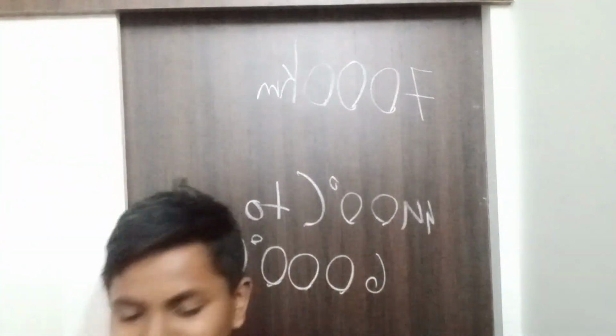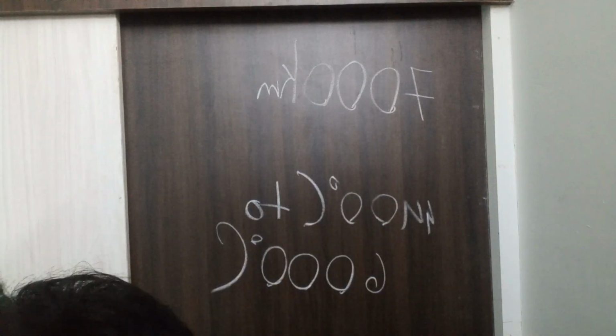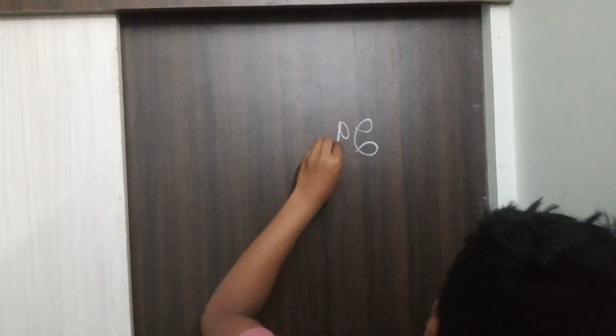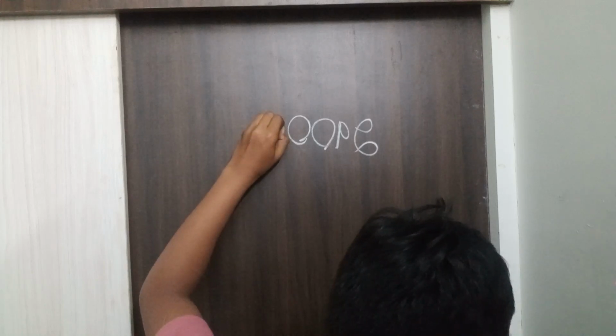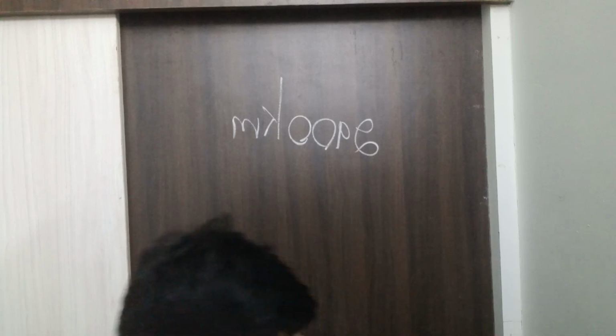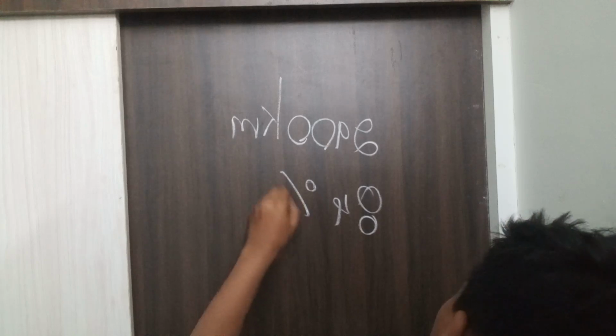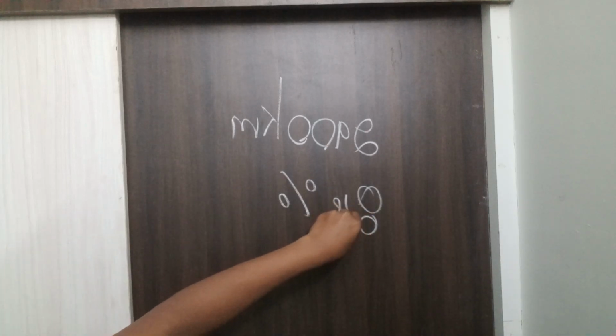Now, what is mantle? This layer lies just below the crust. Its average thickness is 2,900 kilometers, and it makes up 84% of the Earth's total volume.